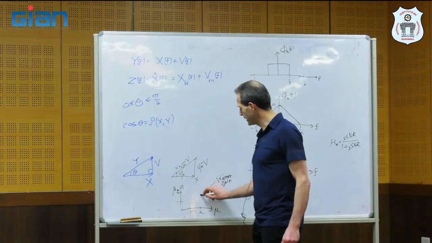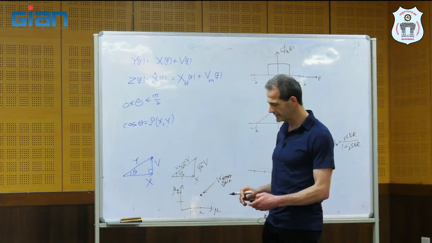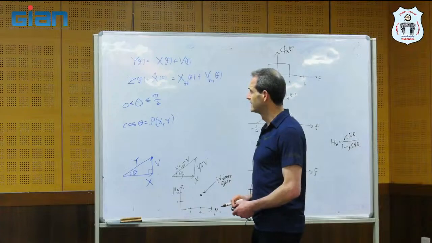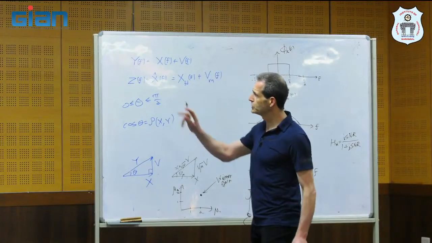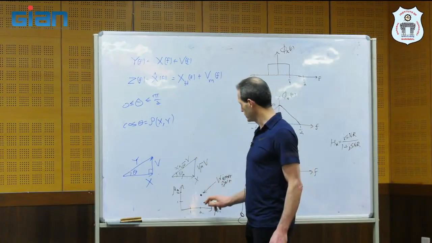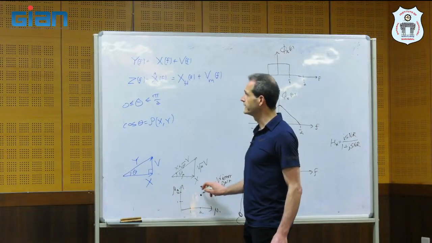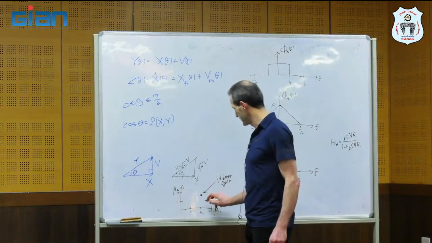Let's see other special cases. We can choose mu1 equal to 2 and mu2 equal to half here.